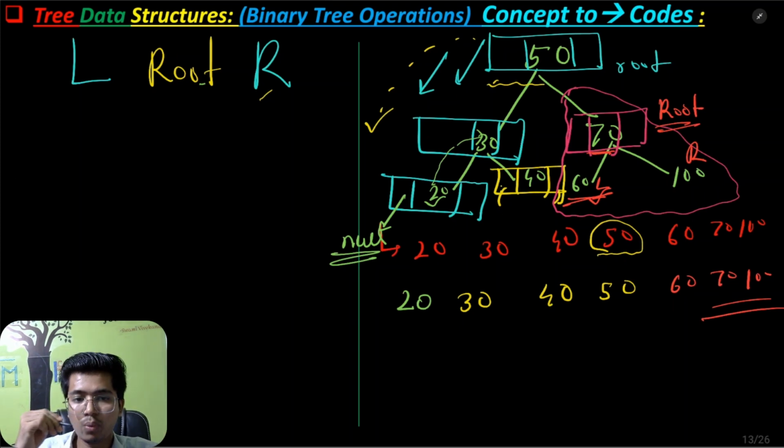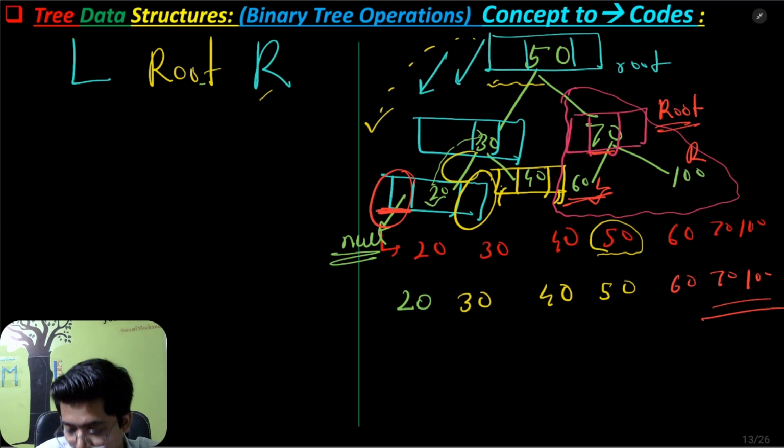First we have to figure out the stopping condition, that is, when our program stops. If you notice, every time everything is passed as a root, and it stops when you get null.